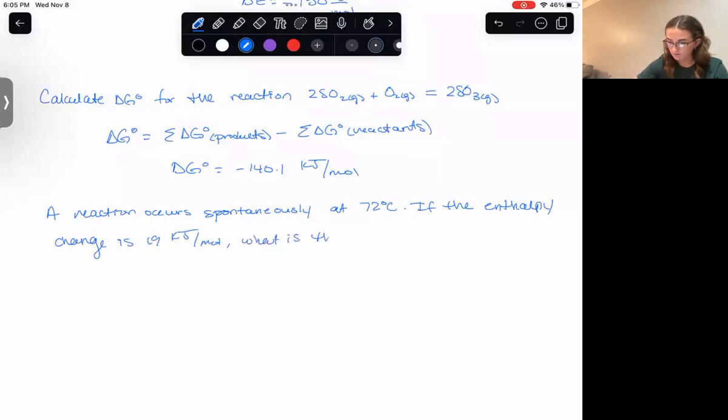What is the minimum of delta S for the reaction? Okay, how would we solve this problem? We're saying it occurs spontaneously at 72. We know enthalpy, we're trying to find the minimum entropy.